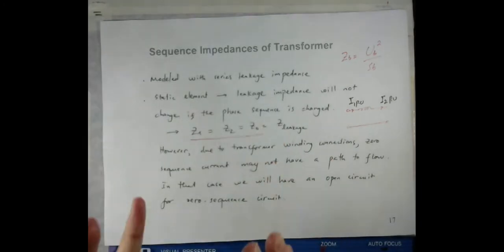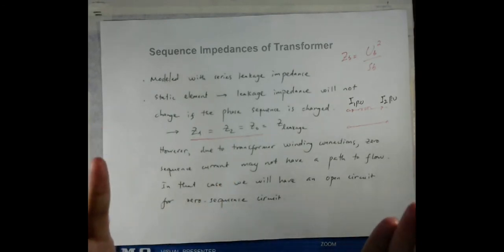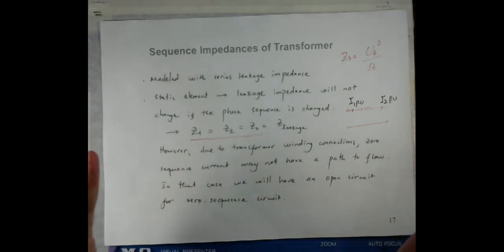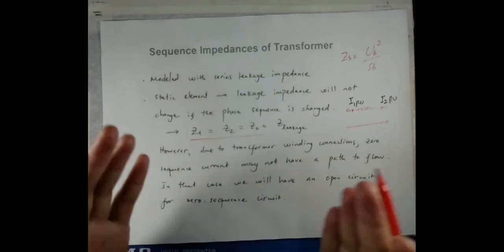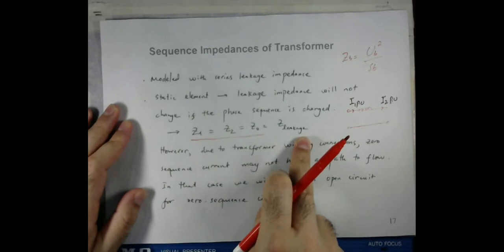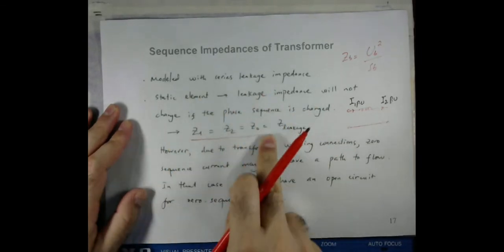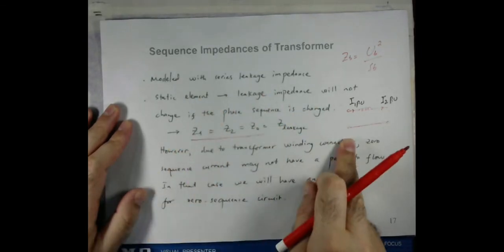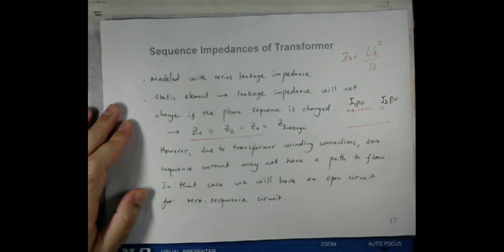One case is if the neutral point is not connected to the ground. Then obviously, as we have discussed before, there will be no path for the zero sequence current to the ground. So we model this transformer only with the leakage impedance, and all three sequence impedances are the same, equal to the leakage impedance.